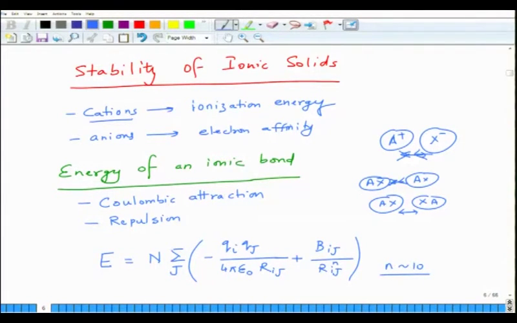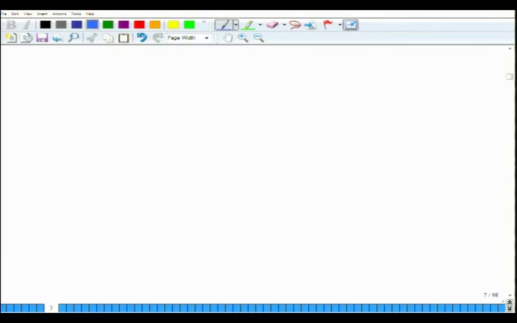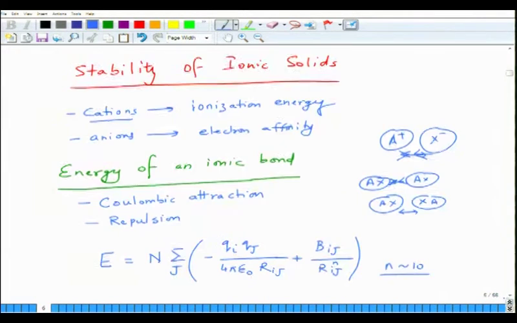So this will eventually give you an energy landscape. Basically you have two terms here. First term goes as minus 1 over r, and the second term goes as r to the power n. Okay, it is the combination.